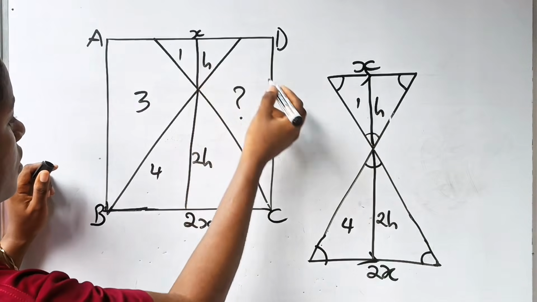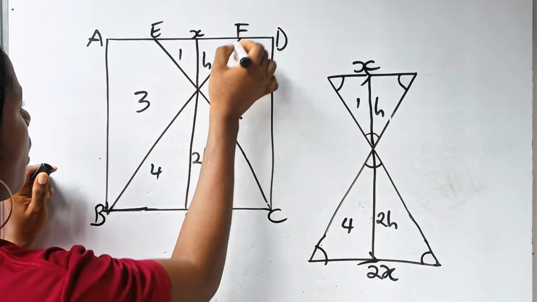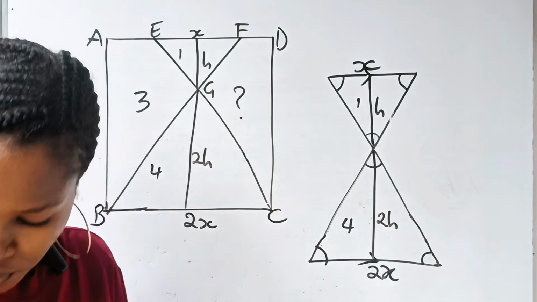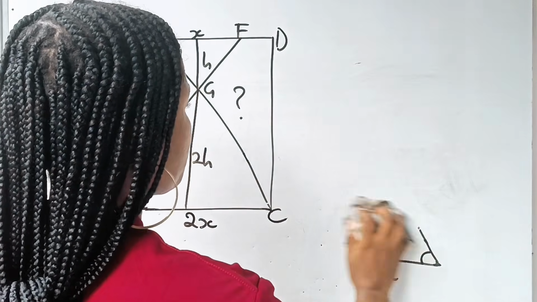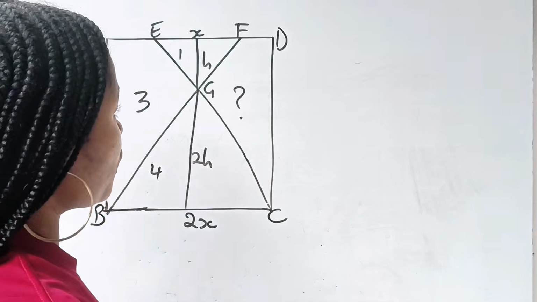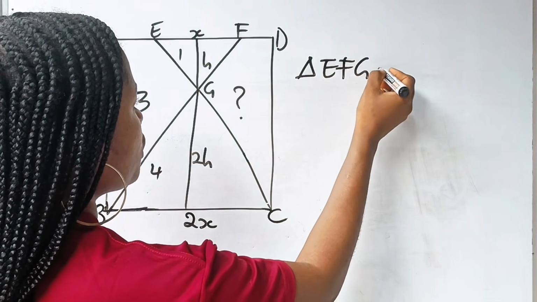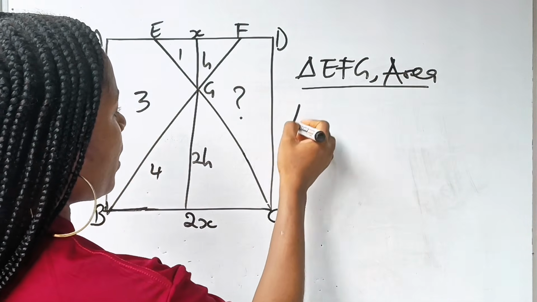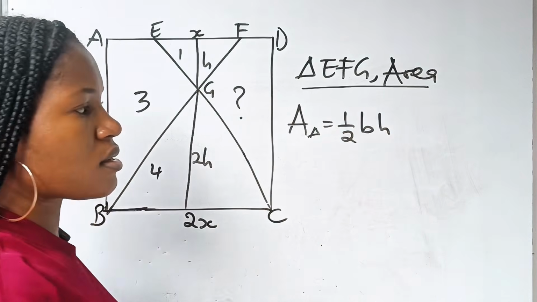Now, if I call this A, B, C, D, E, F, G. For triangle EFG, let's find the area of triangle EFG. Remember that the area of a triangle is half base times height.